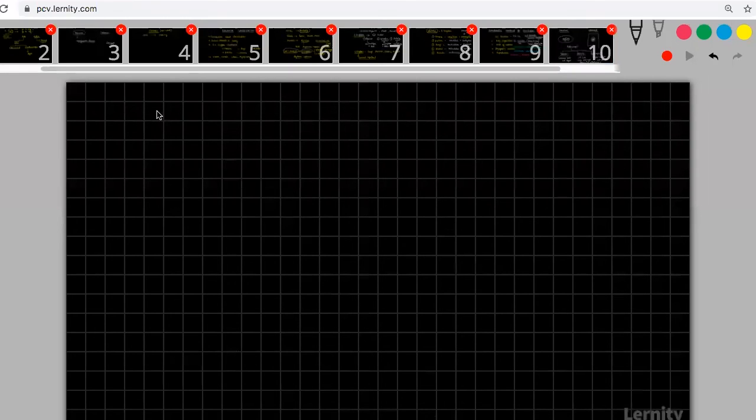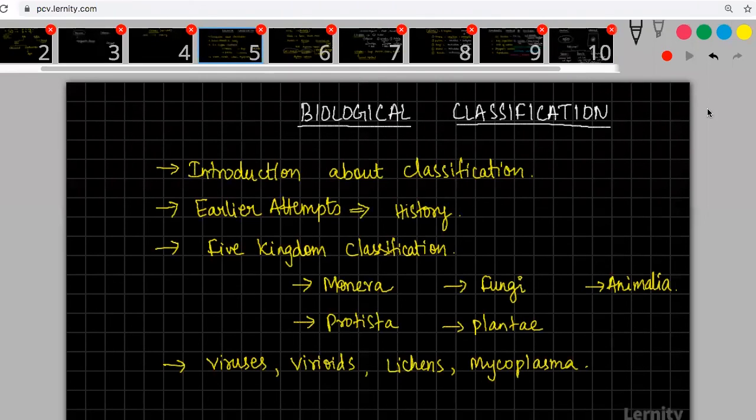So now we'll go to Kingdom Monera. Listen, I have given an introduction about classification. Earlier attempts are also done. So now we are going into the main part of the lesson, which is five kingdom classification. The introduction to classification is how organisms are classified.